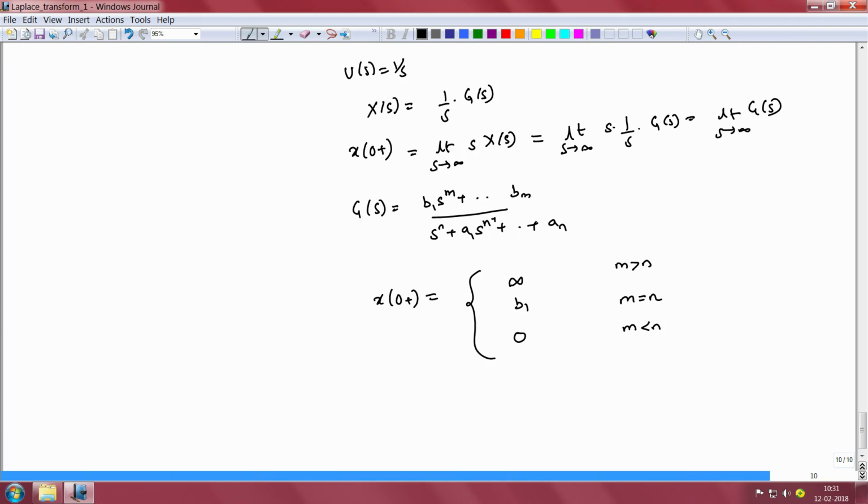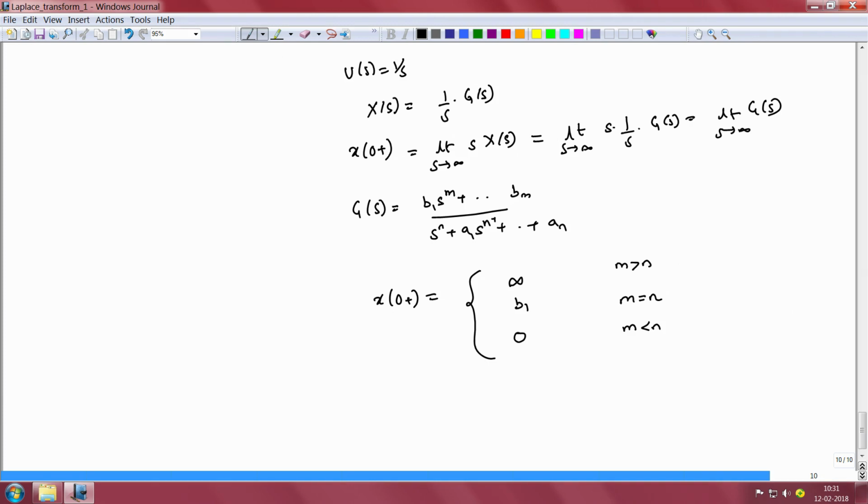Now, what this tells us is that if we apply a step input to this physical system, the output of the physical system an instant after application of the step input is equal to infinity when m is greater than n, is equal to b1 when m is equal to n, and is equal to 0 when m is less than n.